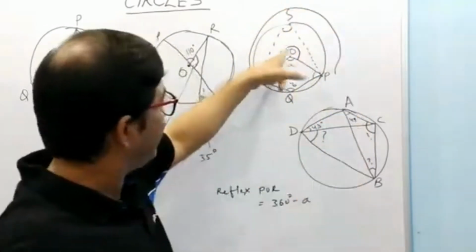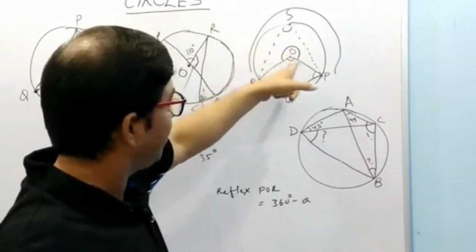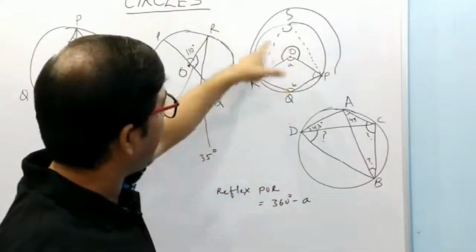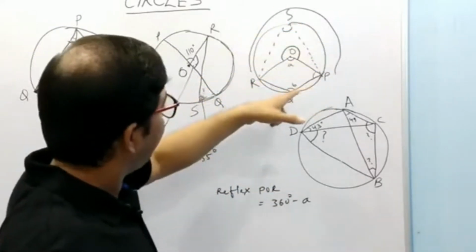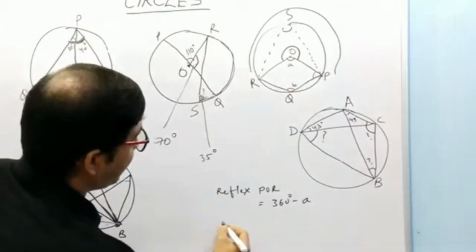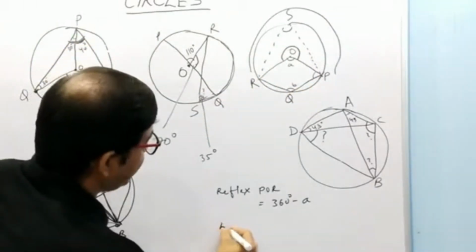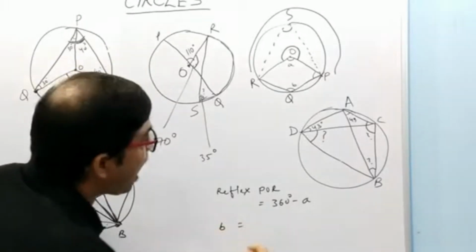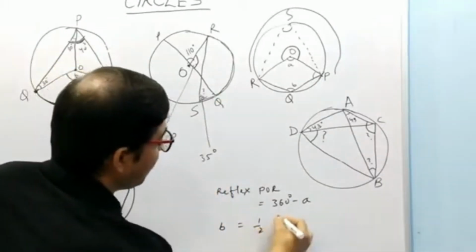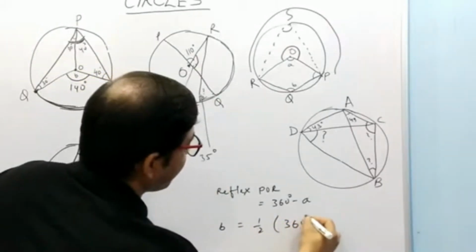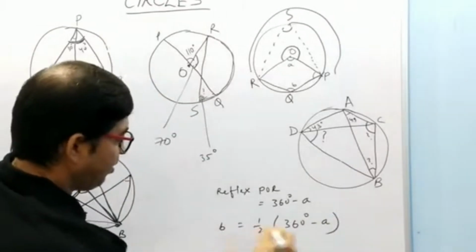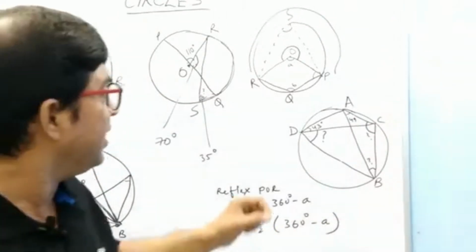So the angle made by this arc at the center is 360 minus A, and the angle made by this arc at the remaining part of the circle is B. So we can write angle B is equal to half of 360 degrees minus A. So we are getting the relation between A and B very easily.